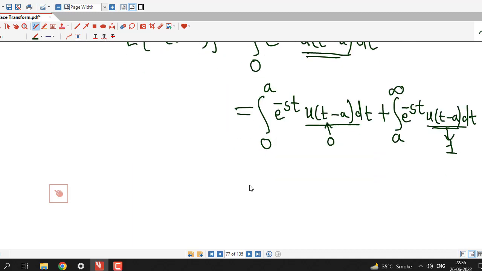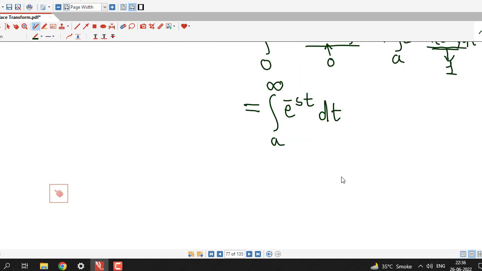Therefore we have the integral from a to infinity of e raised to minus st with respect to t, and this we can simplify. The integral of e raised to minus st is e raised to minus st divided by minus s. Here the integral is with respect to t, therefore the variable s is considered as constant.